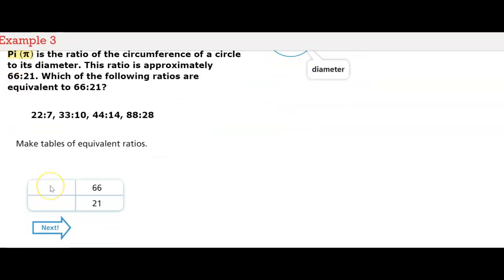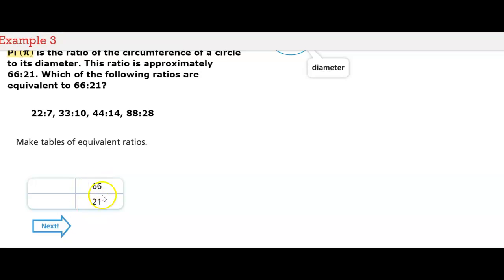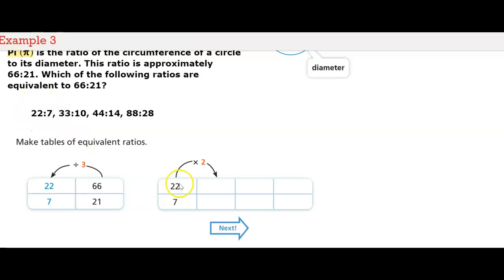We can make tables of equivalent ratios. So we start with the 66 over 21. That is what they gave us in the problem. Then we divide by 3 and we would get the 22 to 7. Now we have 22 to 7 and we multiply that by 2. We would get 44 over 14.